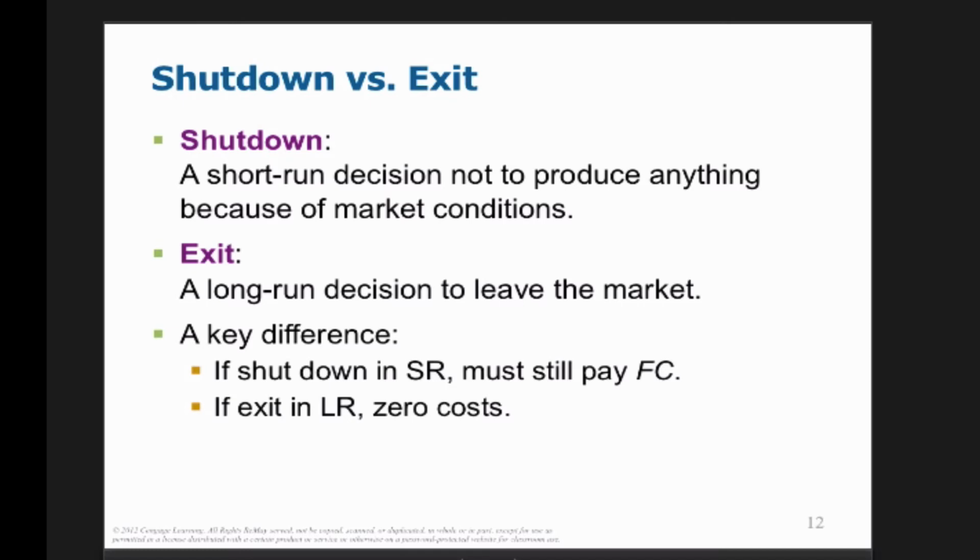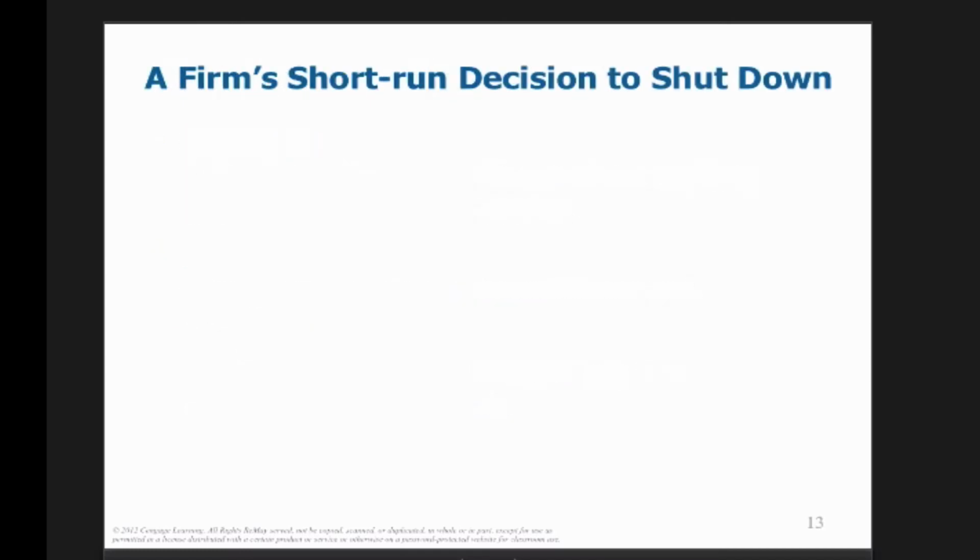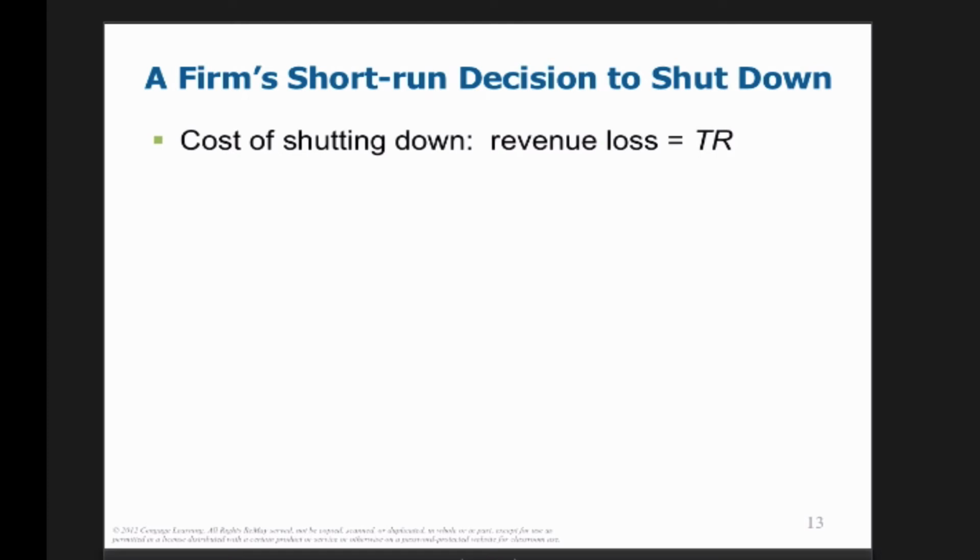So, there's economics involved in Matthias's decision to shut down. Can you guess? Might have something to do with marginal revenue and marginal cost. The cost of shutting down is going to be how much revenue Matthias loses. That's going to be his total revenue. He's going to give up revenue if he shuts down.